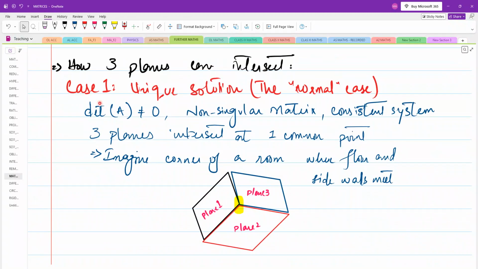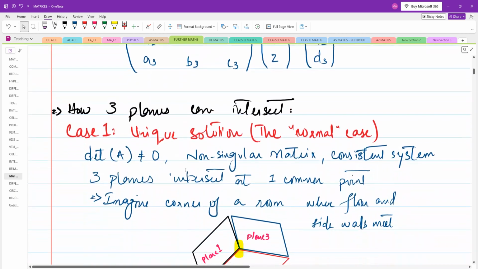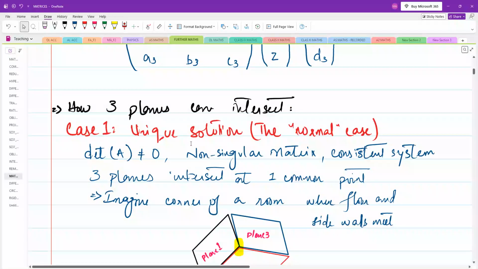The first is case one, which is a unique solution, aka the normal case. This is when the determinant of A is not equal to 0. What is A? A is this matrix over here. The matrix of constants is called the matrix A. If the determinant of this matrix is not equal to 0, it will be known as a non-singular matrix, and we will name it one more thing, which is a consistent system.